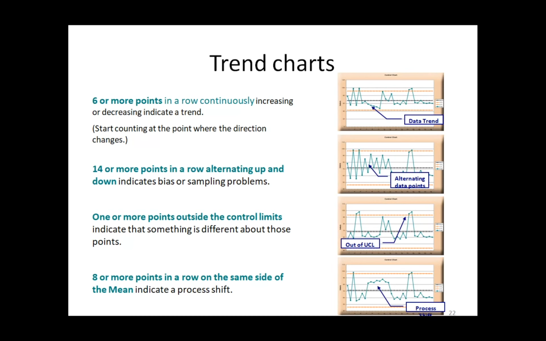For example, 6 points in a row continuously increasing or decreasing. Although we may not be looking at a very big dip or peak, they still indicate that something different has happened in the process. So if we are a good reader of these trend charts and we know our processes well, we know the data is right, then sitting at our desks, we can make out that something different is happening in our processes.